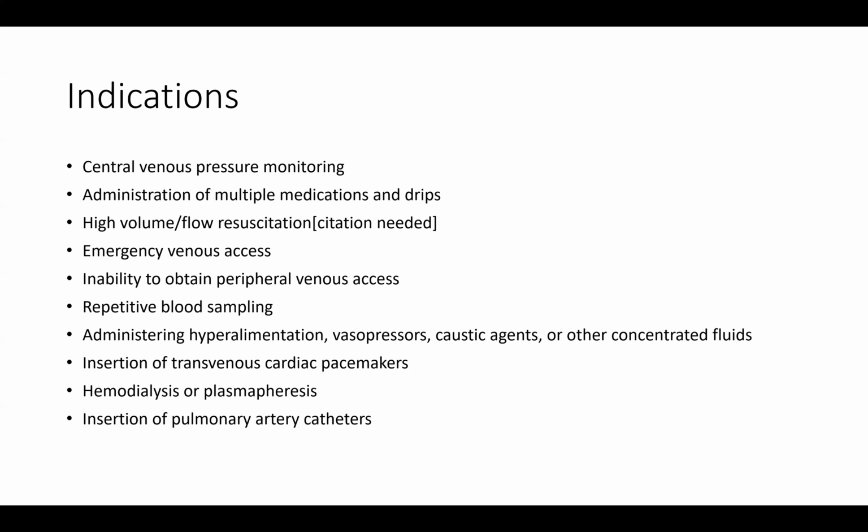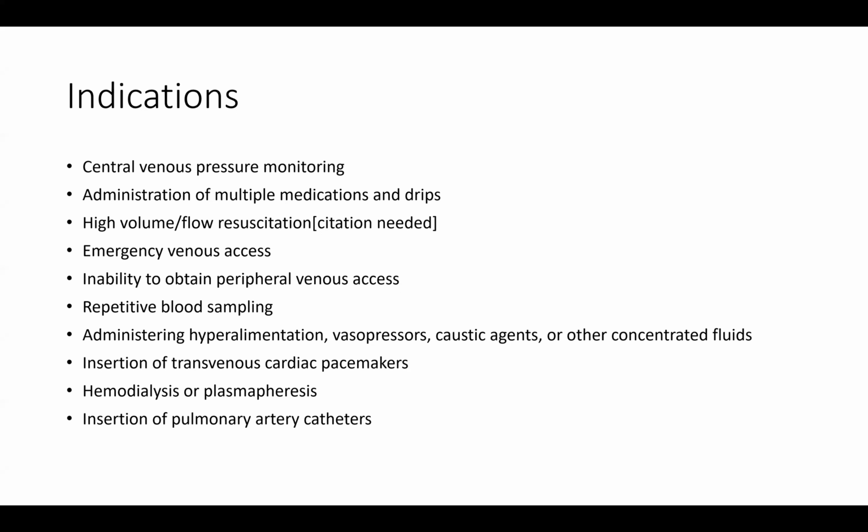Then emergency venous access is good; you go for this for the central veins, and they give you a good way out, especially when you know the anatomy. Then also inability to get peripheral access is another key thing that helps us. Then people also use it for venous sampling.